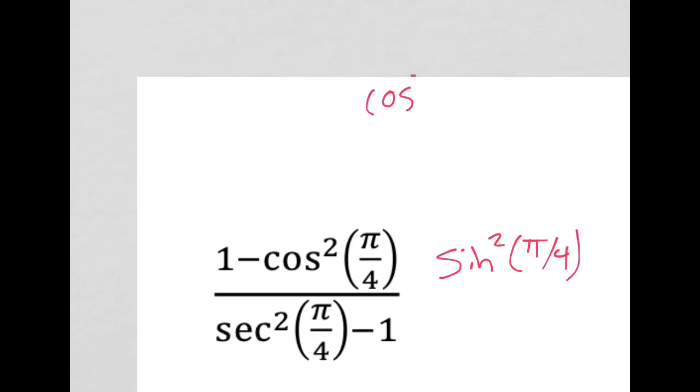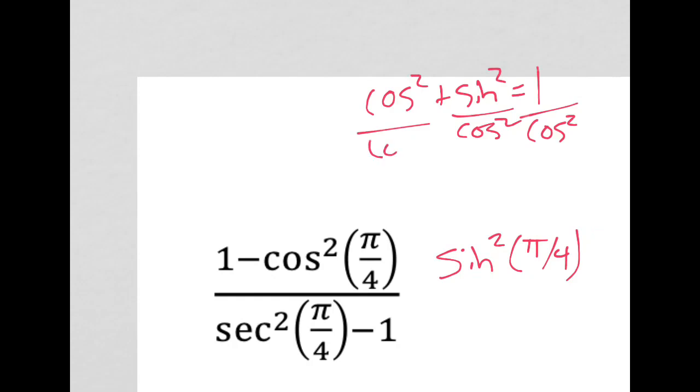We have cosine squared plus sine squared equals 1. How do we get secant? Well, secant is the reciprocal of cosine. So if I divide everything by cosine squared, I'll get another identity.